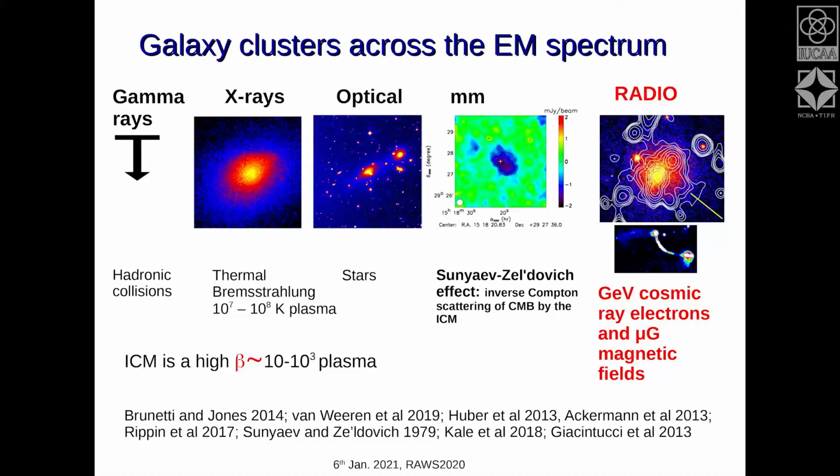At the end, I want to show you this view of galaxy clusters across the electromagnetic spectrum. Going from the highest frequencies, like gamma rays, all the way to radio, we can see a different view of galaxy clusters, and each of these views tells us a little more about the physical condition of the baryonic matter and the dark matter in these systems.